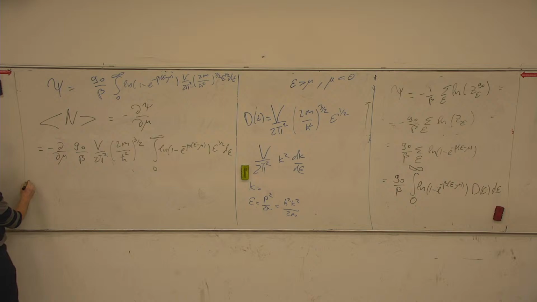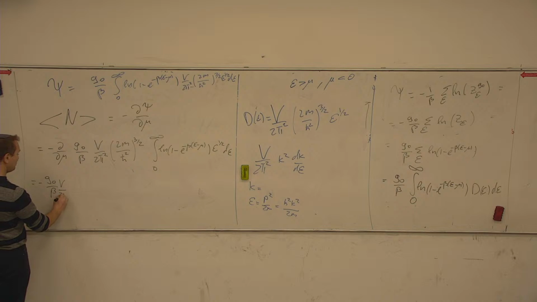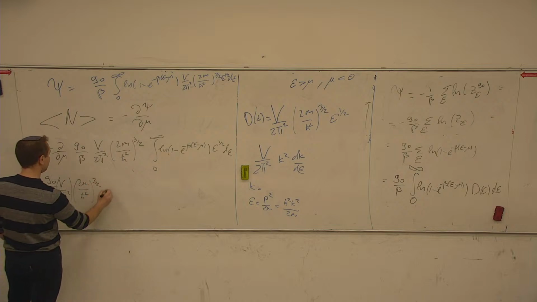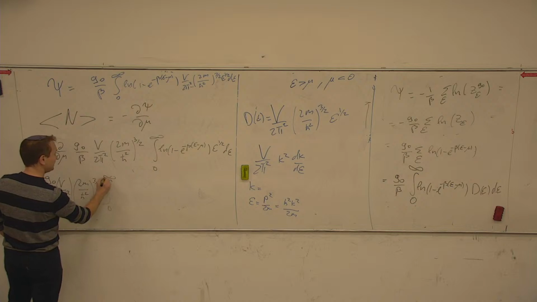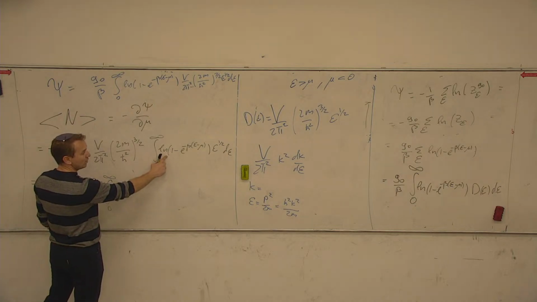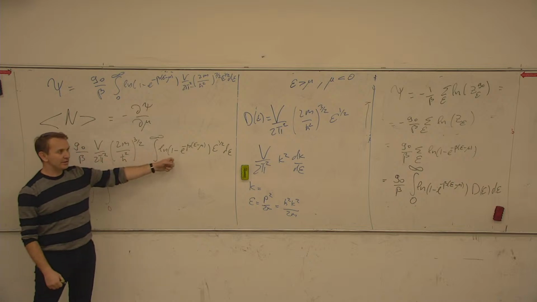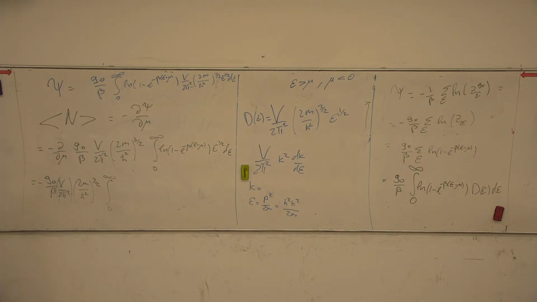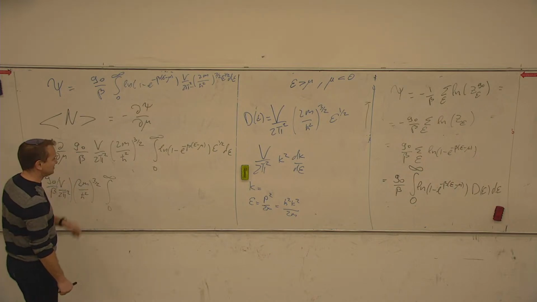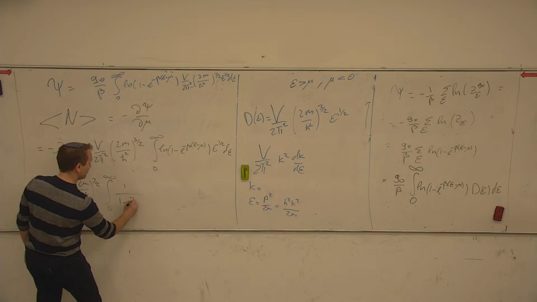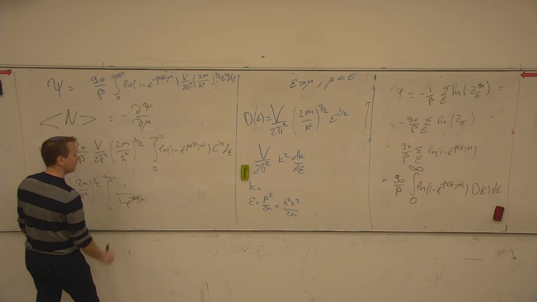Look, this goes out, so we have minus g0 over beta, V over 2 pi squared, 2m over h bar squared to the 3/2, and an integral from 0 to infinity, the derivative of a log with respect to mu. I can take this derivative and put it inside the integral because I assume that the integral converges uniformly, which means that it's 1 over 1 minus e to the power minus beta (epsilon minus mu).